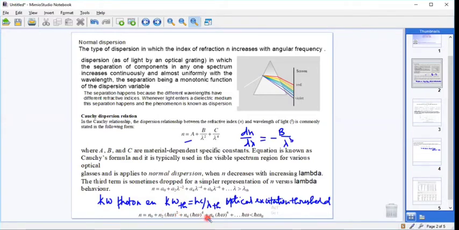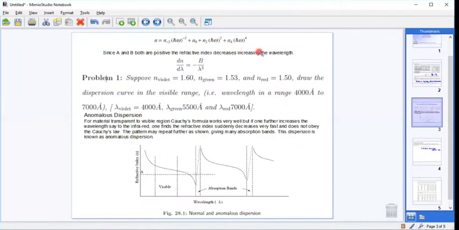It has been found that the Cauchy relation following this formula can be satisfactory over a wide range of photon energies. The dispersion parameters for a few selected materials over specific photon energy ranges are listed in the next slide.